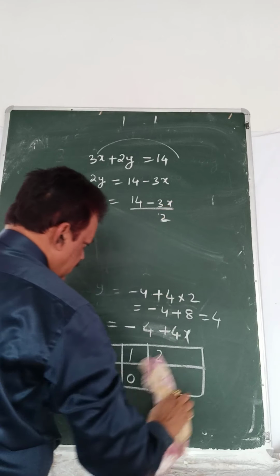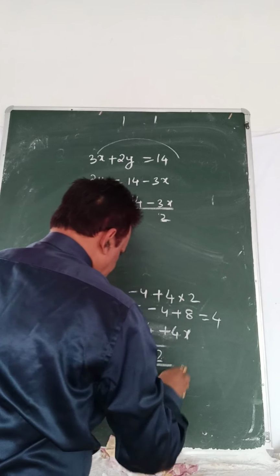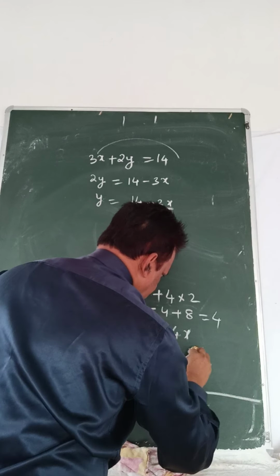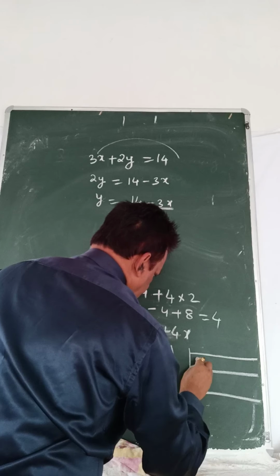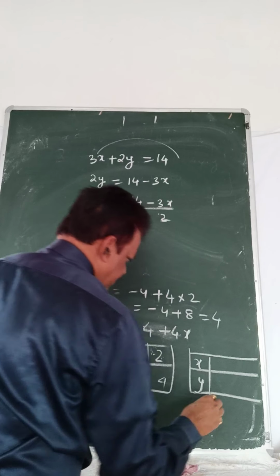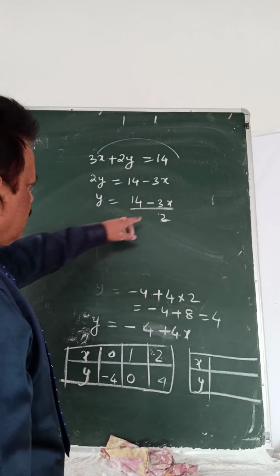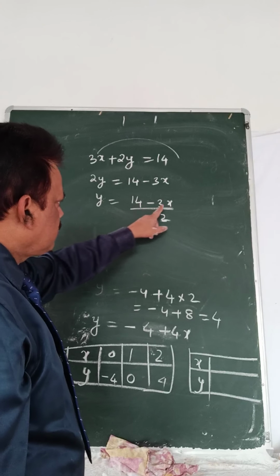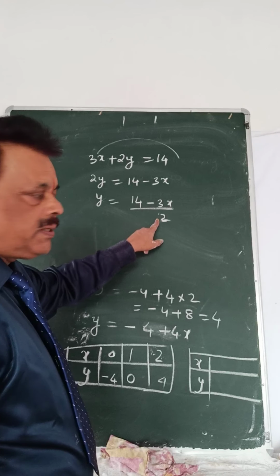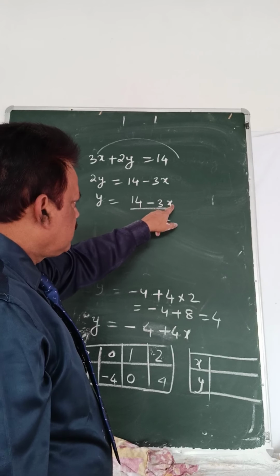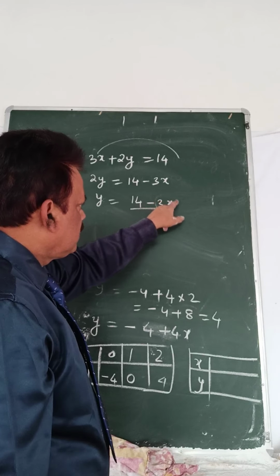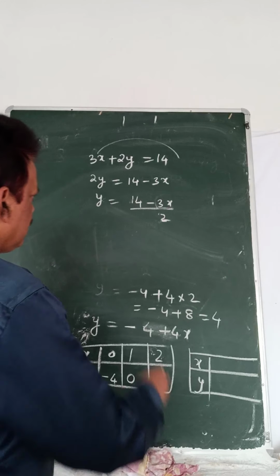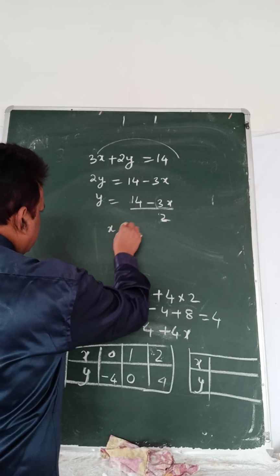So what I'll do is, let me draw another box here. X, Y. The number I put here should make it divisible by 2. Suppose I put x equal to 0. That means this will be 0. So 14 minus 0 is 14 by 2, divisible. Put x equals 0.